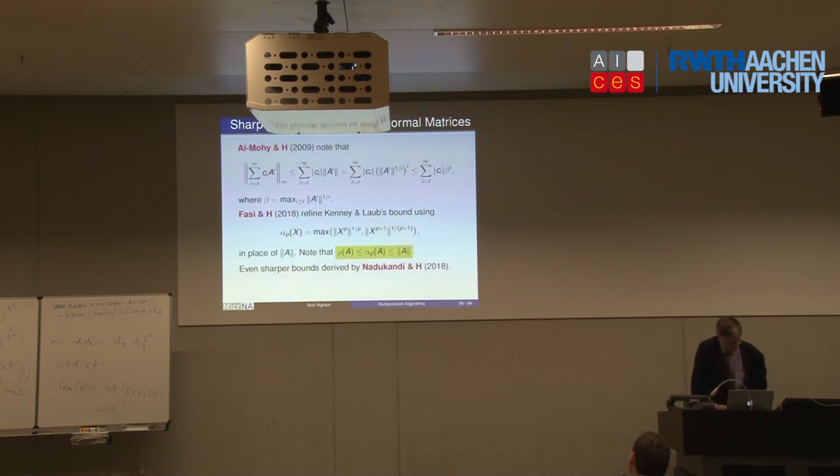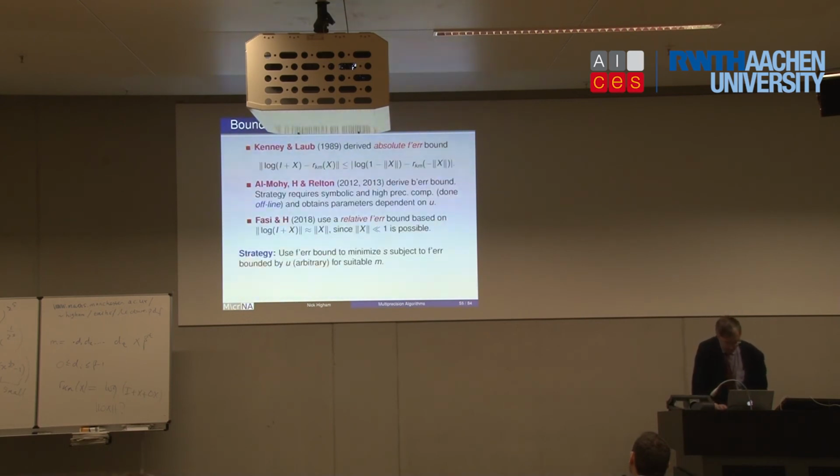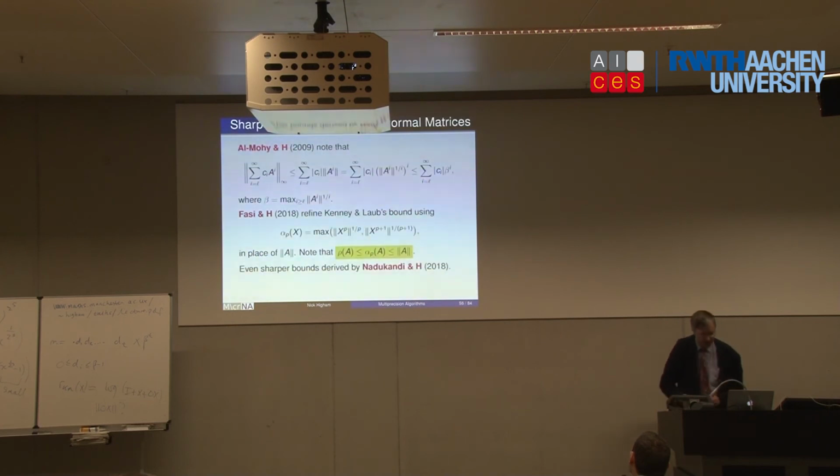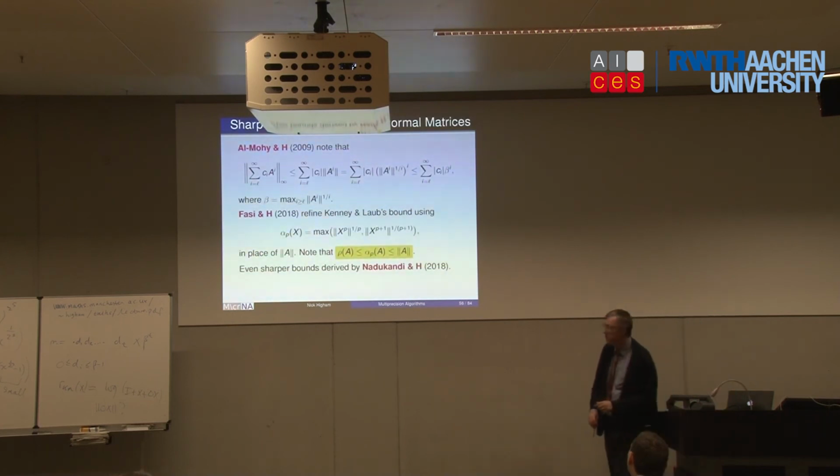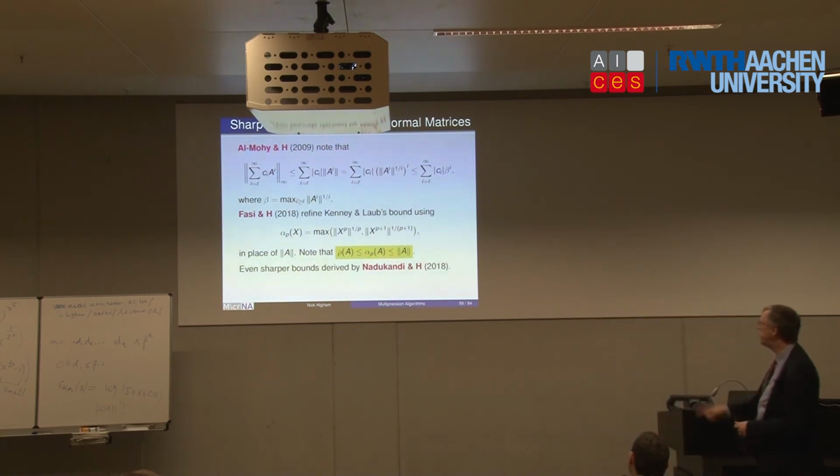So there's one more thing I want to say about that algorithm. In deriving the parameters, we have to bound the norm of the matrix power series, the sum from i = l to infinity of c_i A^i.